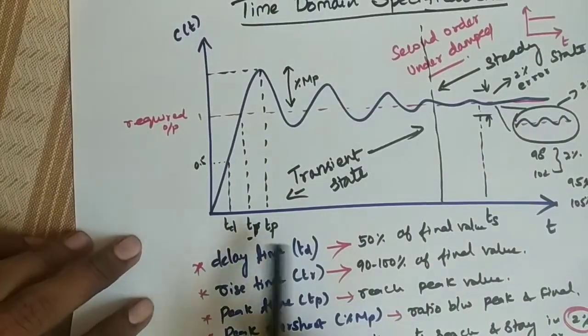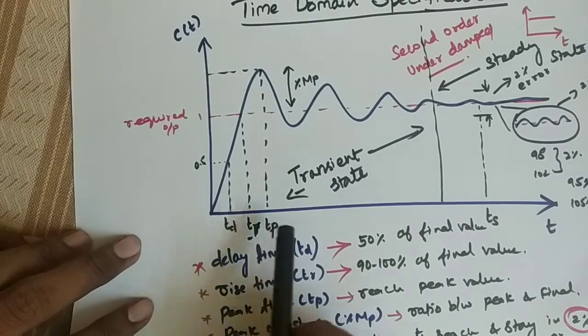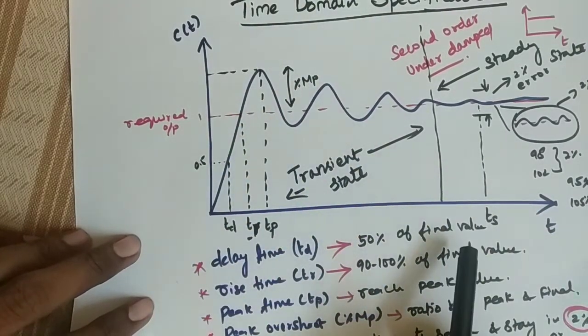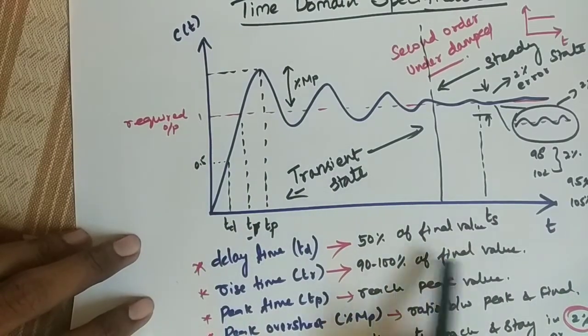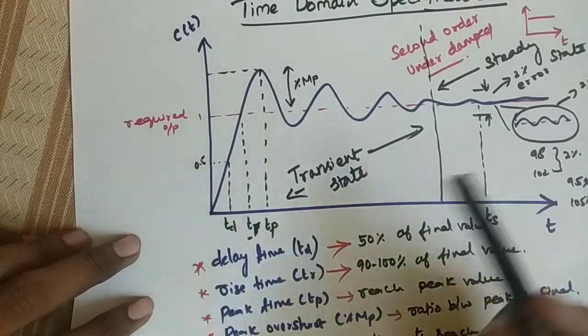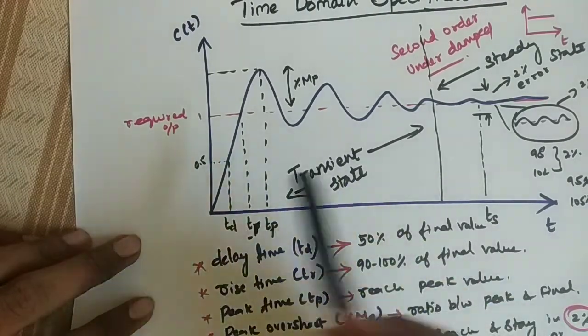If you are finding these TD, TR, TP, percentage MP, TS, your main objective is to design your system to reduce the delay time, the rise time, the peak time.